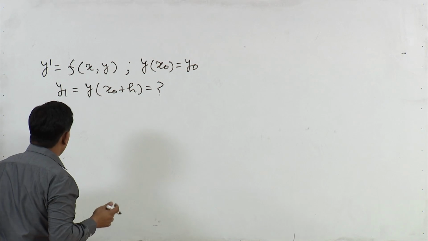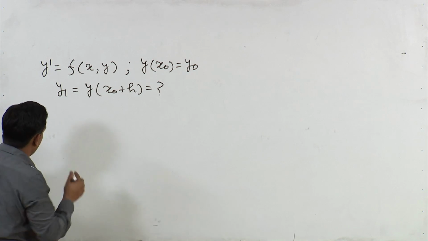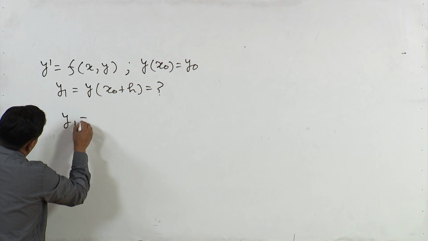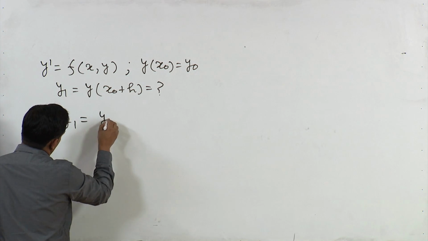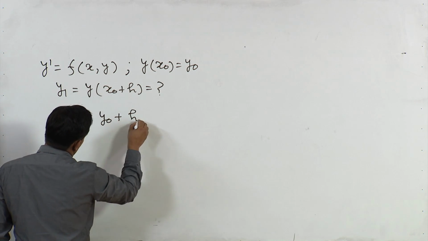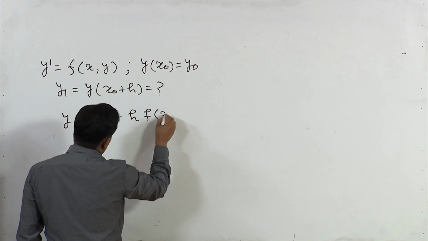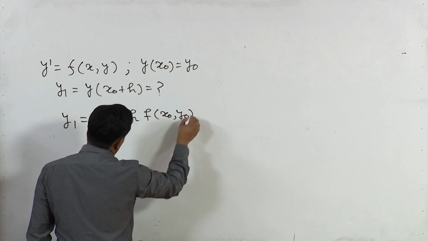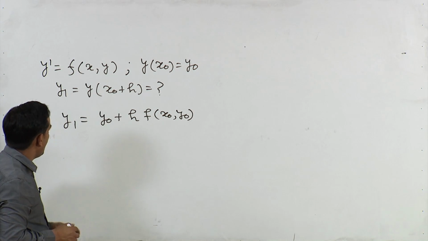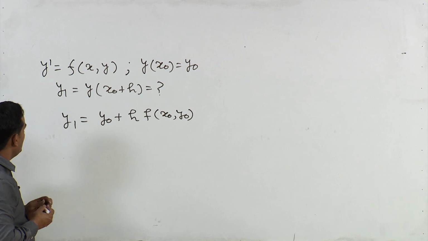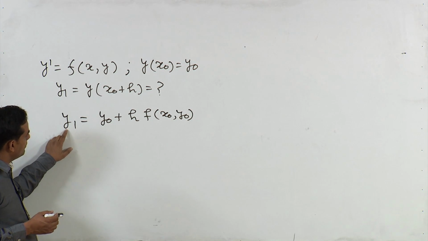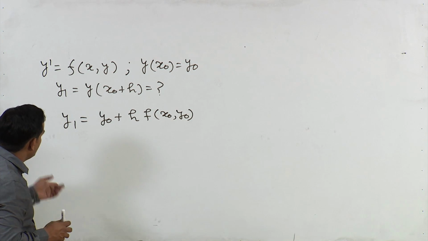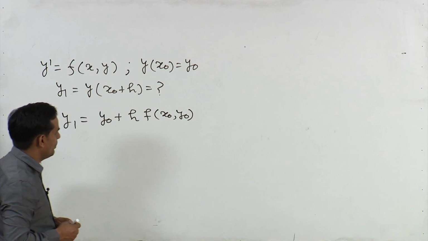In Euler's method, I have used y1 equals y0 plus h times f of x0, y0, where I am approximating the value of y at x equals x1 by the slope which I have taken at the initial point of the interval.